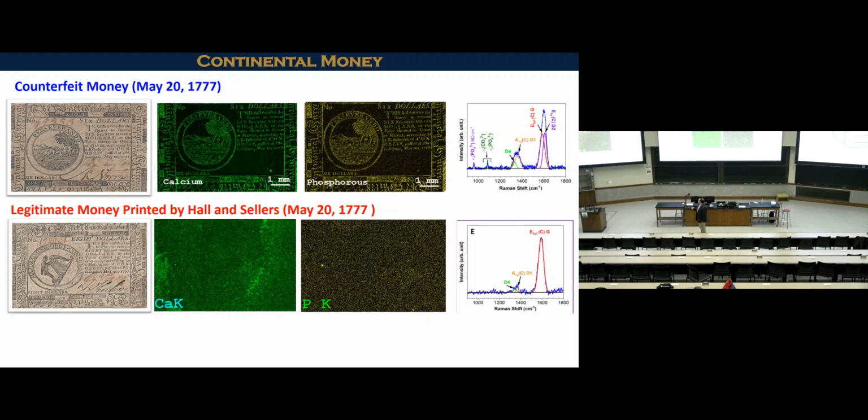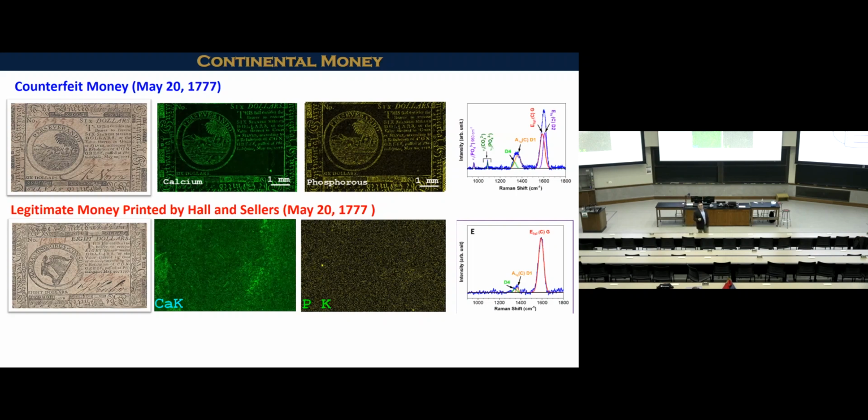But counterfeit money contains calcium and phosphorus, and Raman spectroscopy shows that it's a phosphate ion, which confirms that this black pigment was derived from bones.